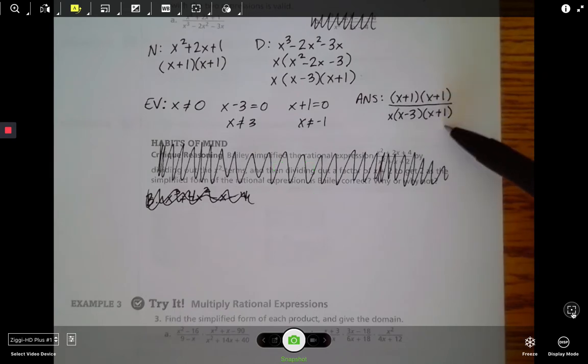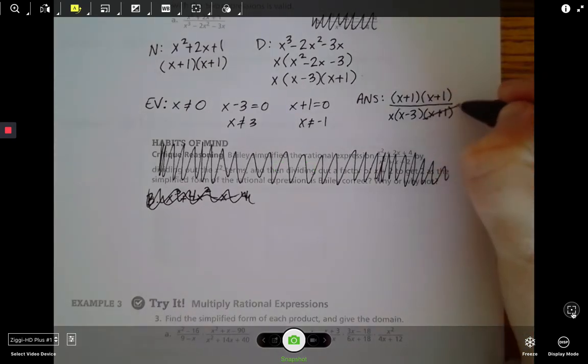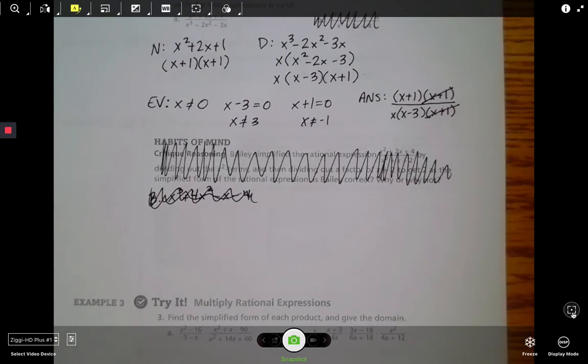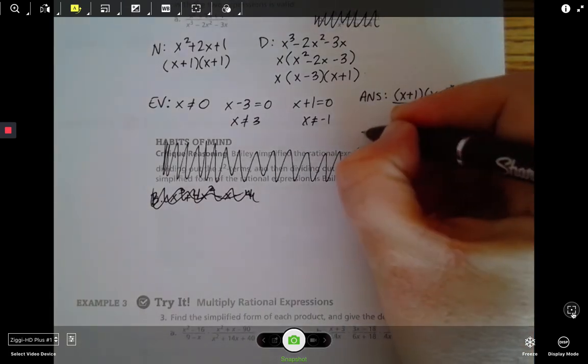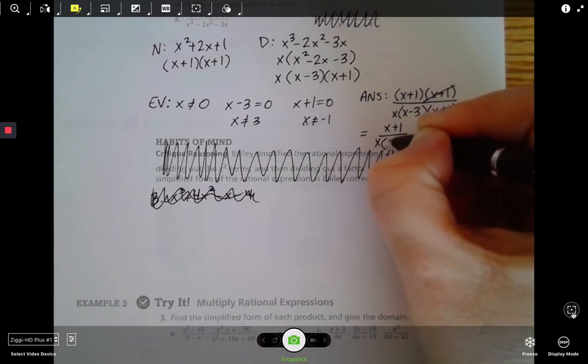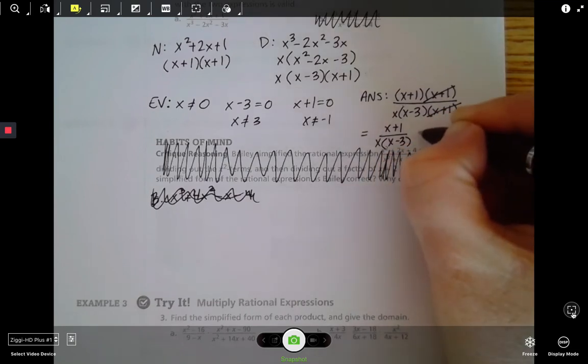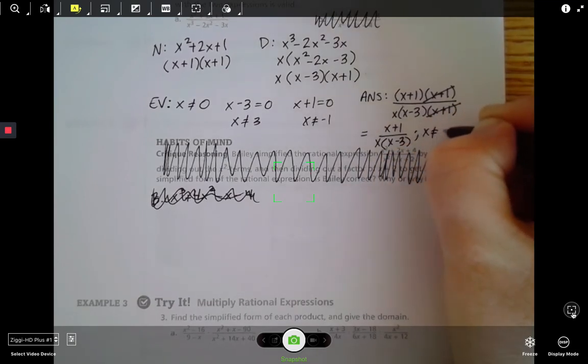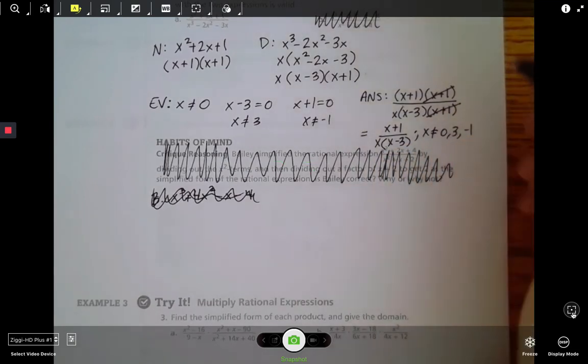But I only have one of them in the denominator, so that means we can only cross out one of them, okay? So now my final answer is x plus 1 over x times x minus 3, and then include those excluded values.